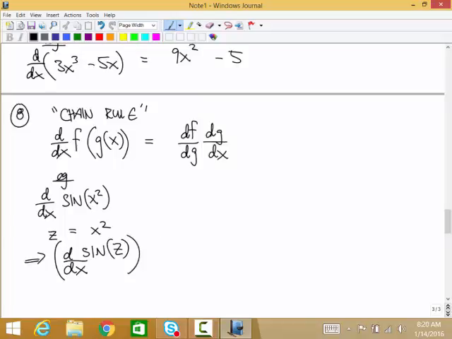That should be dz at the bottom. Times dz dx, which is just cosine of x squared times 2x.